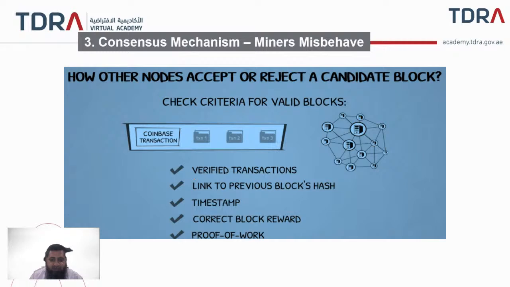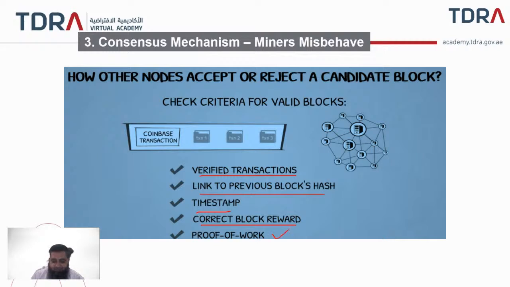For example, all transactions are verified, meaning the senders and receivers are agreed and all the nodes on the blockchain say that the transactions are valid. All the blocks are linked to the previous block hash, there is the timestamp at which the block is added to the blockchain, and the block reward is calculated correctly.